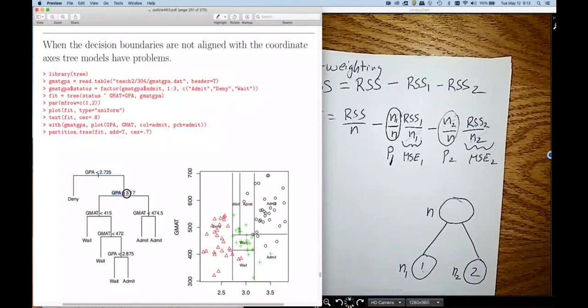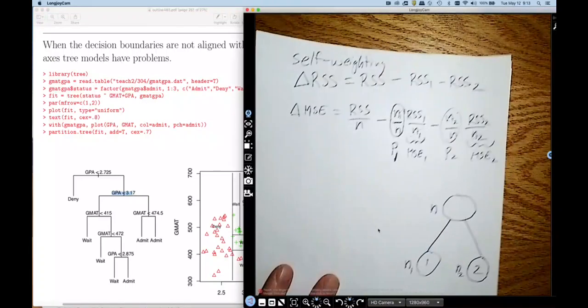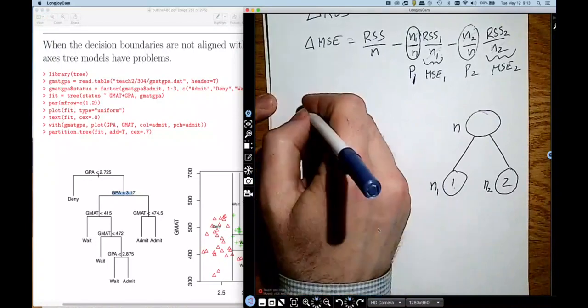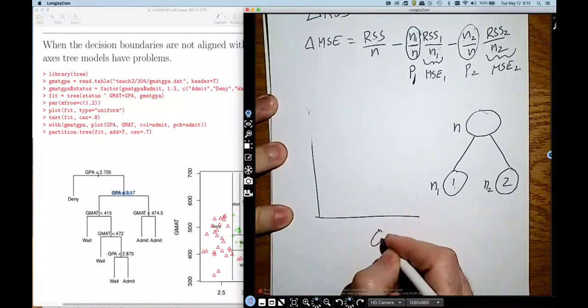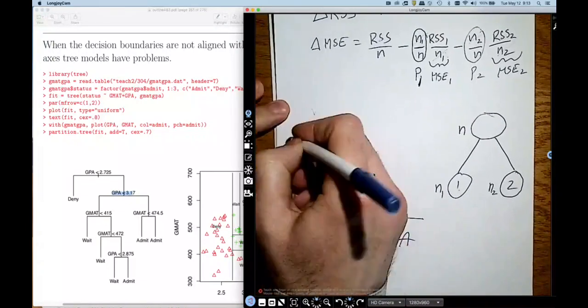So what do we do next? We introduce another split on grade point average. What do we do next? Well, we make a split over here on GMAT score at 415. So 415 would be this value. And we do a bunch more splits. And so what I'd like to point out with this is tree methods are really struggling with this problem. The reason is this. Here's GPA. Here's GMAT.